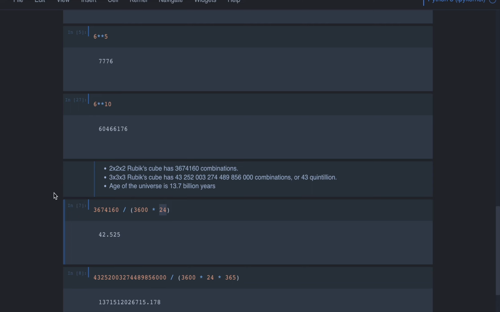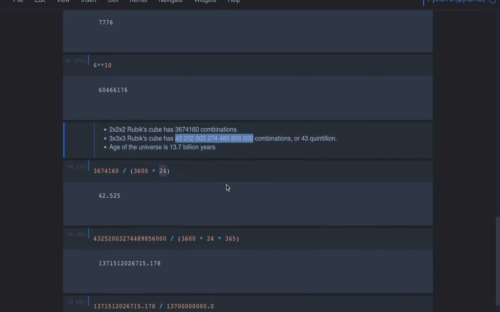Okay, so such a simple system has over 3.6 million combinations. Now, if we take the 3 by 3 by 3 cube, the number of unique combinations is this big, right? The precise number is 43 quintillion.